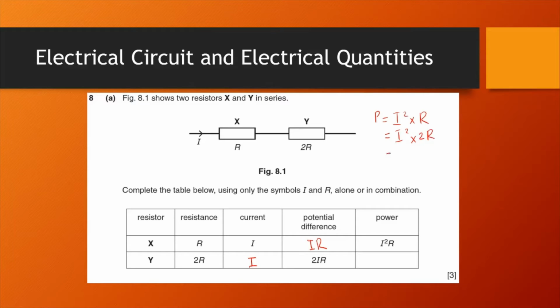The answer then equals 2I squared R. Let's fill this into the provided space. So the power equals 2I squared R. The 2 comes from the resistance inside resistor Y.